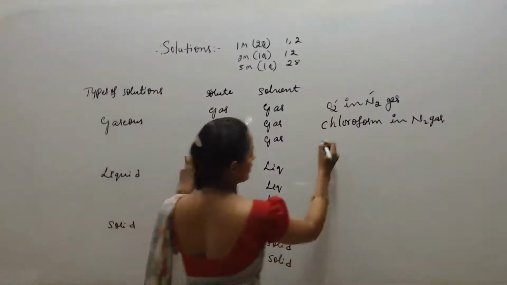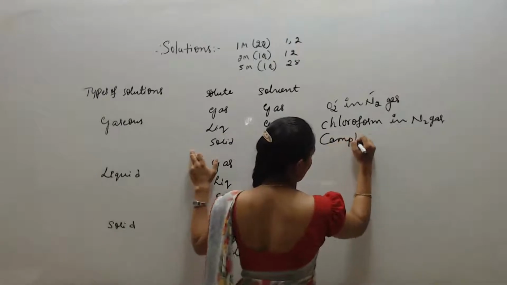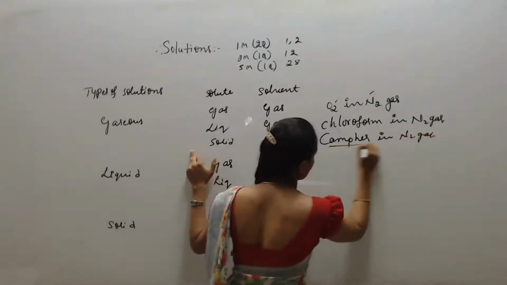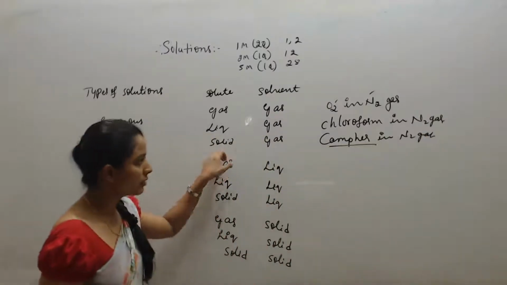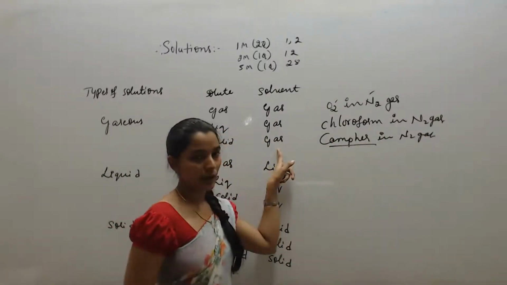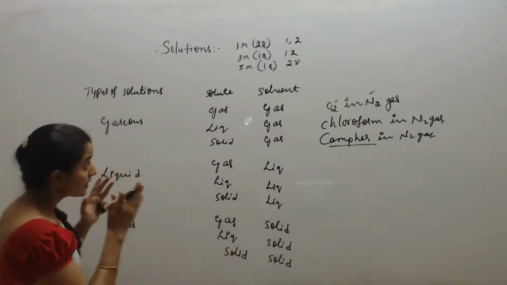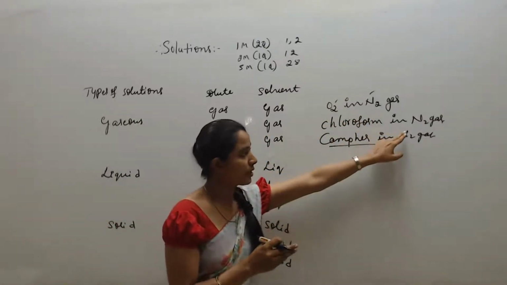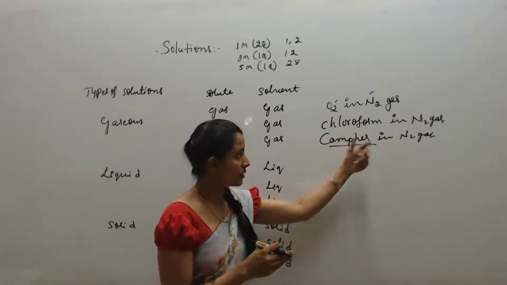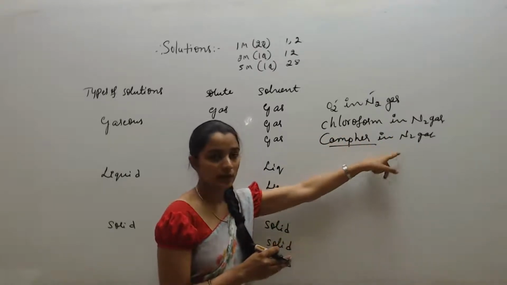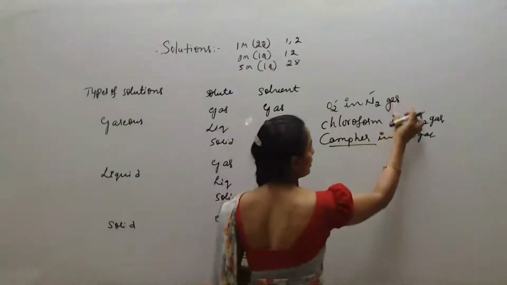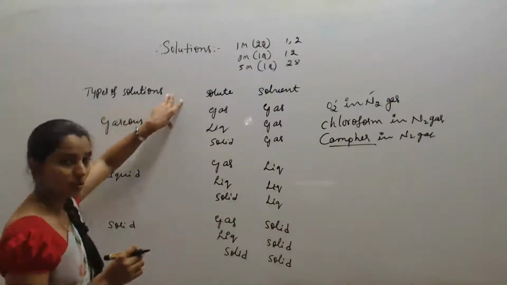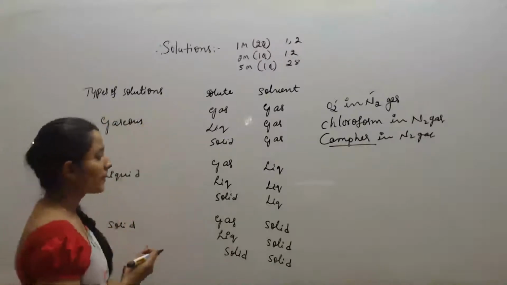And for this, camphor into gas. So this camphor is solid, that is solute, and the gas is the solvent. Okay. This is the example for what? Liquid gas solution and solid gas solution. And here all the solvents are gas, which means these are called as what? Gaseous solutions.